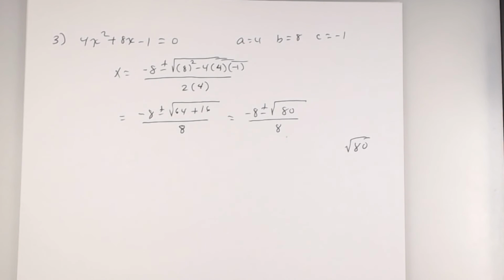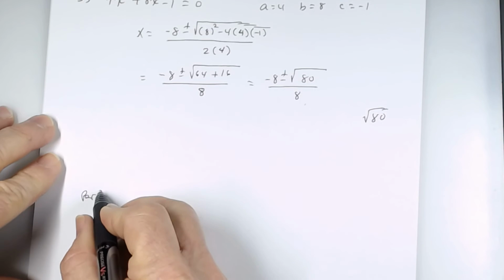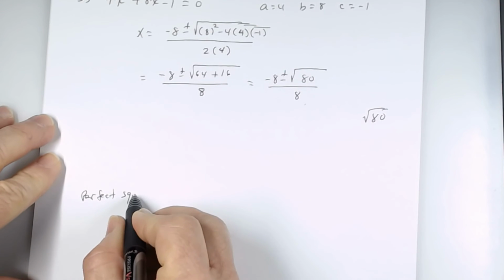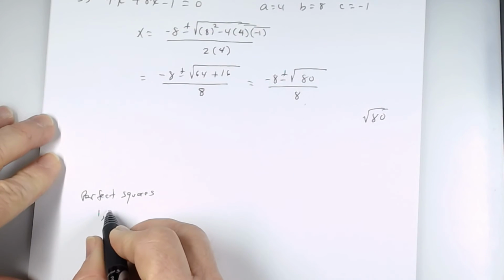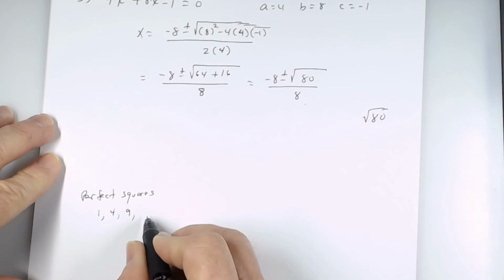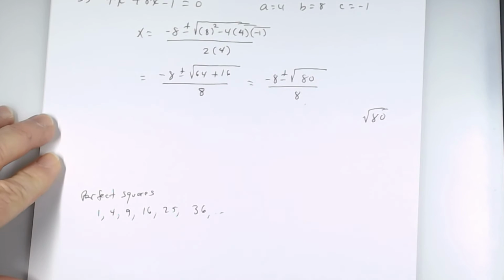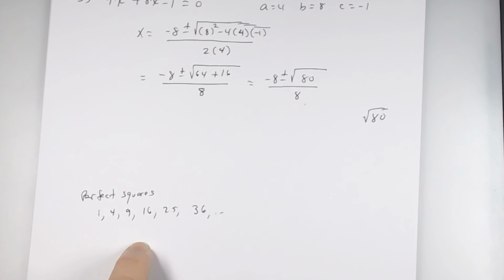So remember your perfect squares. 1, 4, 9, 16, 25, 36, and so on, right? So 16. So just use your calculator to figure these things out. 16. 80 is 16 times what? 5? Okay.